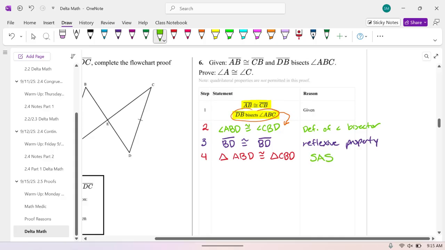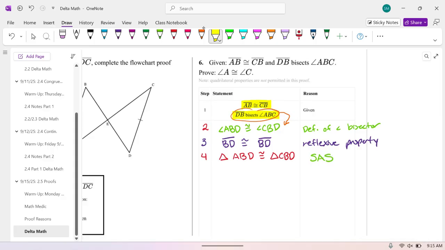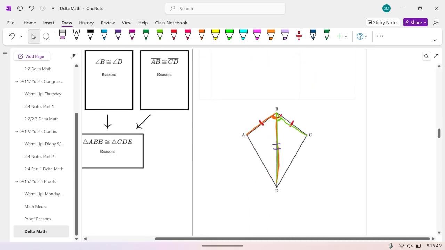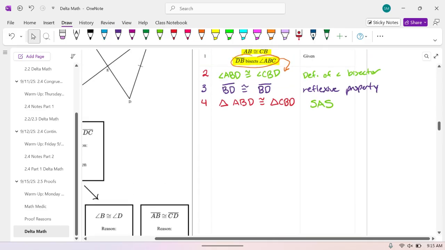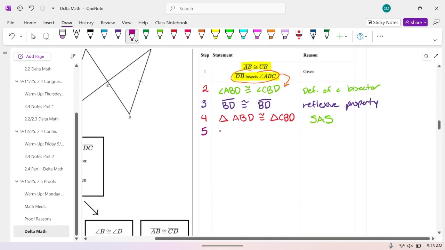Now, we're not done because it then asked us to prove this. But we now have enough information to prove that angle A is congruent to angle C. So they're saying that angle A is congruent to angle C. That's what we want to show. Why can we now say that angle A is congruent to angle C?